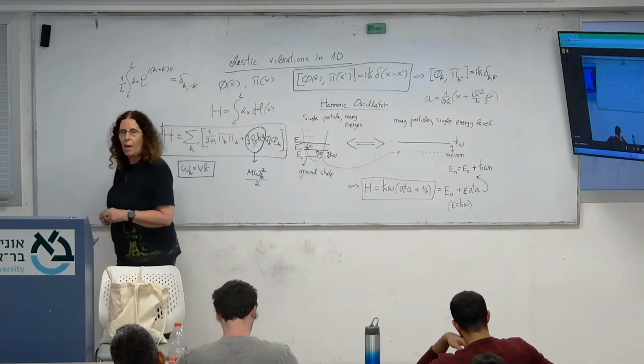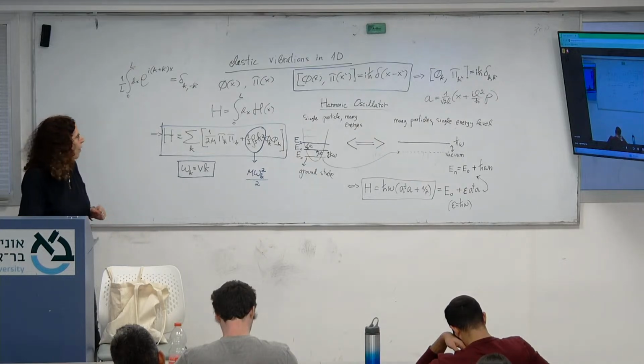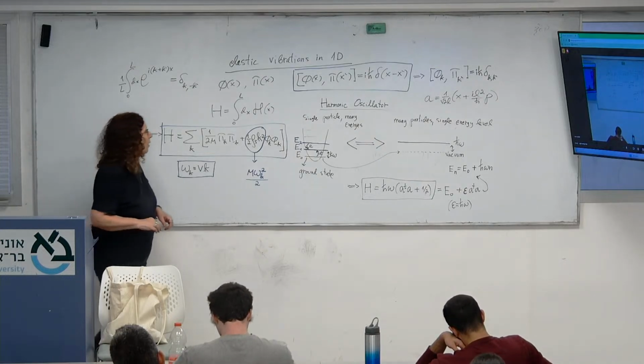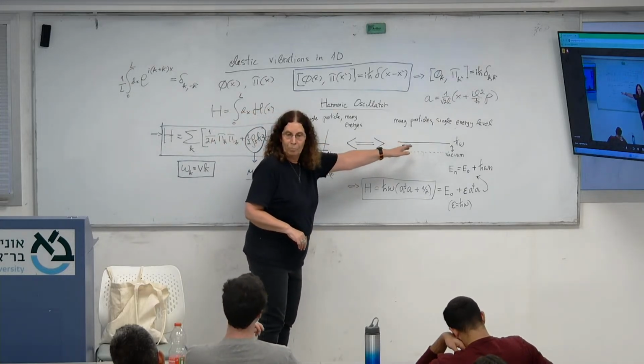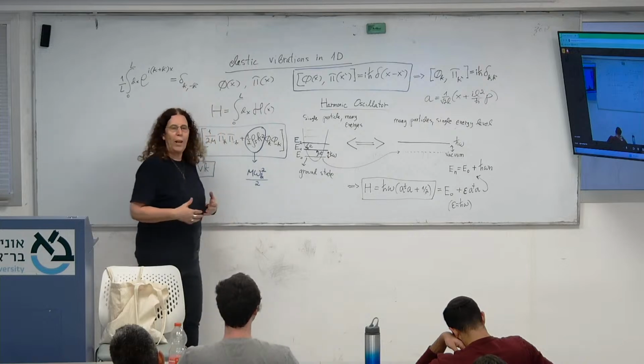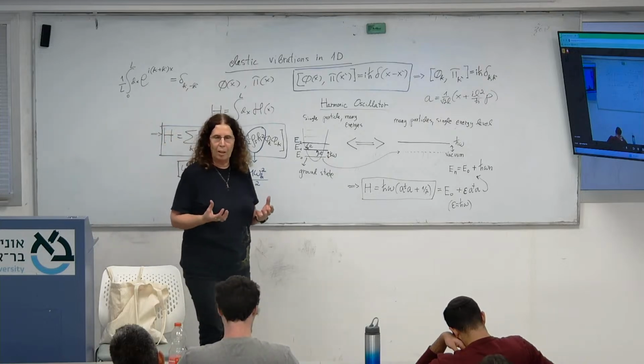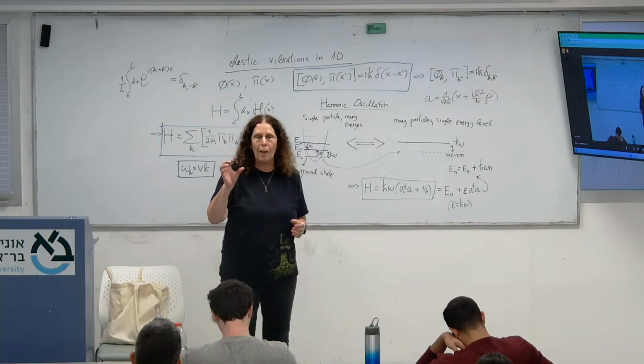But on this energy level, I can occupy as many particles as I want. And I'm actually inventing a particle. What is the particle? It's just a quantum of energy.